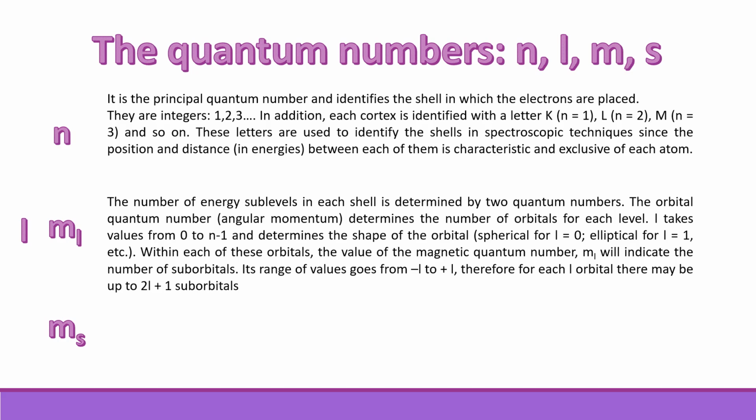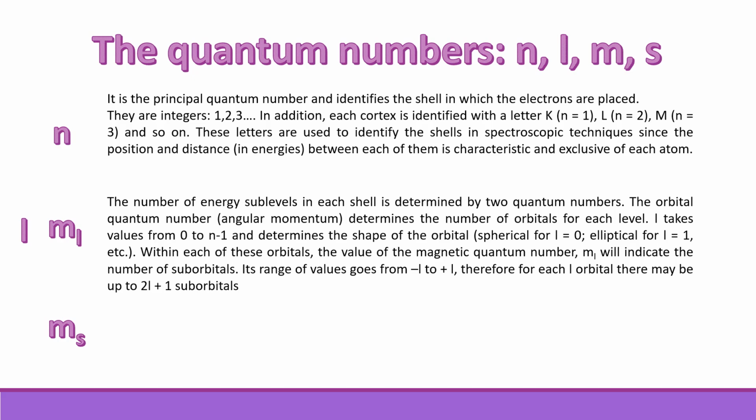It takes values from 0 to n-1 and determines the shape of the orbital. It determines whether it's spherical for l equals 0, or elliptical, or has different strange shapes you will see later.